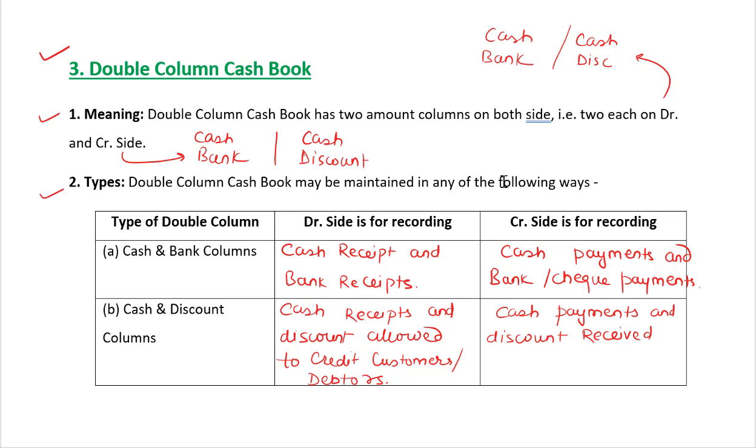From whom will we receive the discount? From credit suppliers. From credit suppliers, the popular name is creditors. I hope you are clear till here.